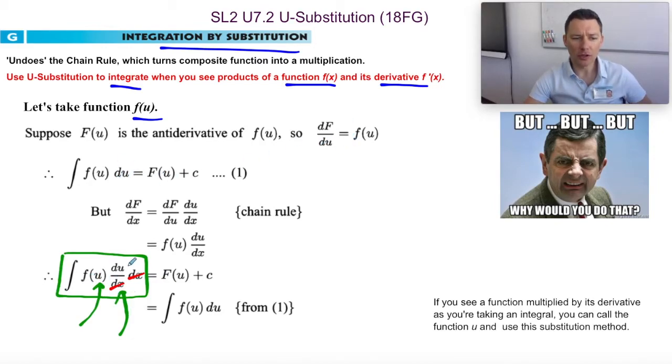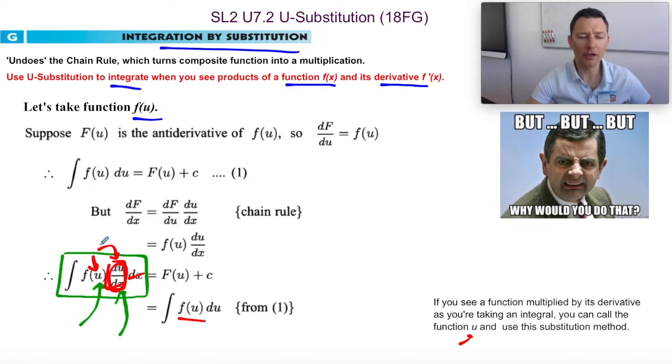And so you can integrate a simpler problem and find fu du instead of this whole thing, which can basically be canceled out. So if you see a function multiplied by its derivative as you're taking an integral, you can call the main function u. You recognize this piece, and you recognize this second chunk as its derivative. You can play this game.